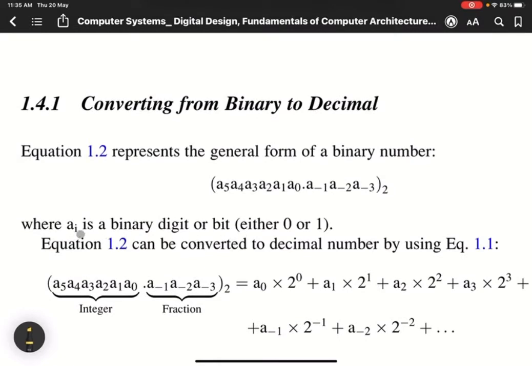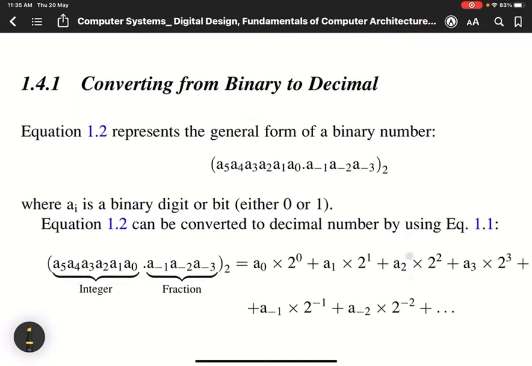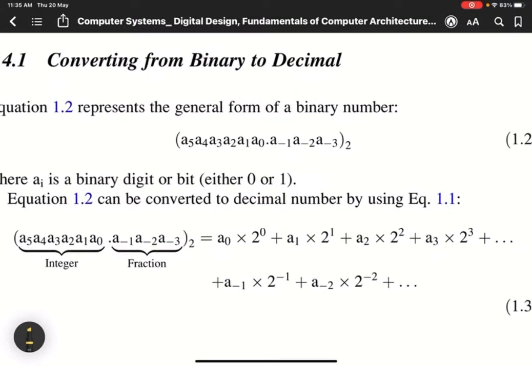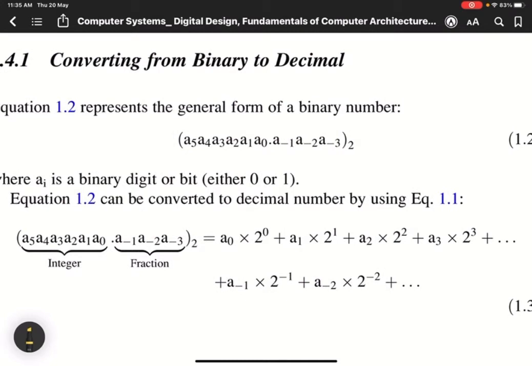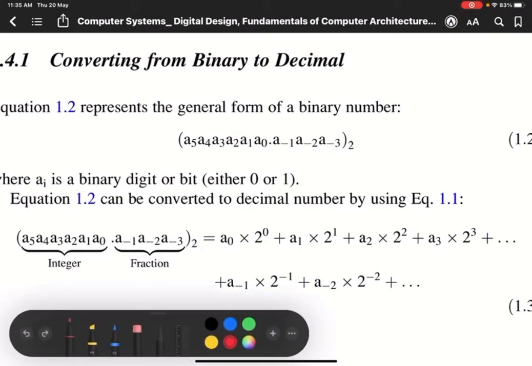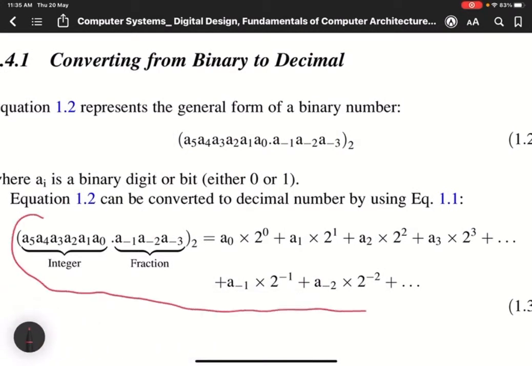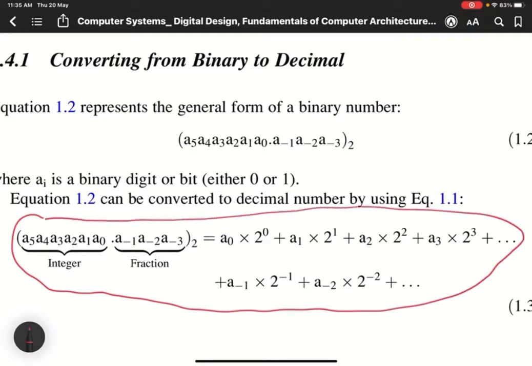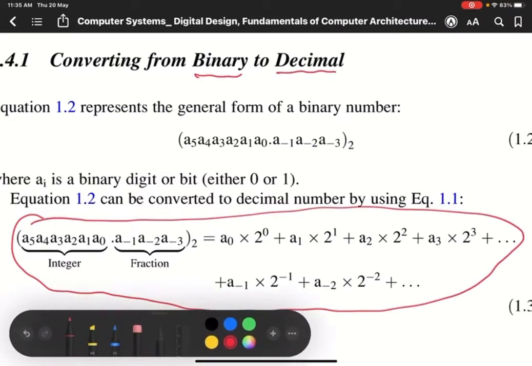So ito is any 1 or 0 since tayo ay nasa binary, no? So equation 1.2 can be converted to decimal number by using this equation or this formula. Okay? Itong formula ito gagamitin natin sa pag-convert ng binary to decimal. Okay?